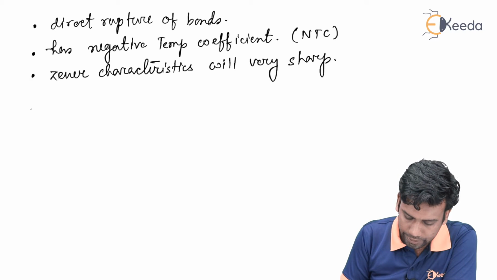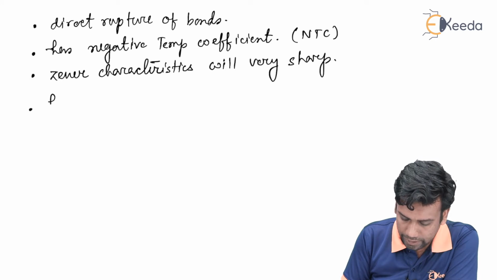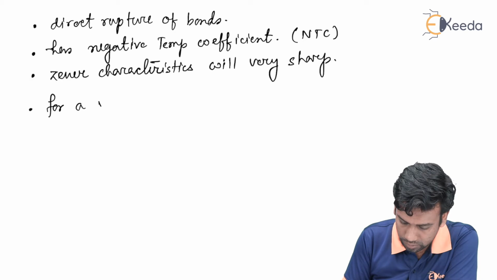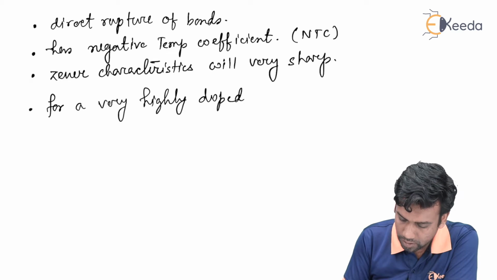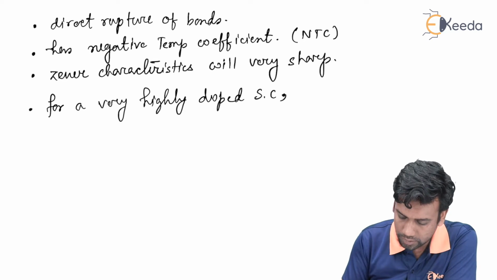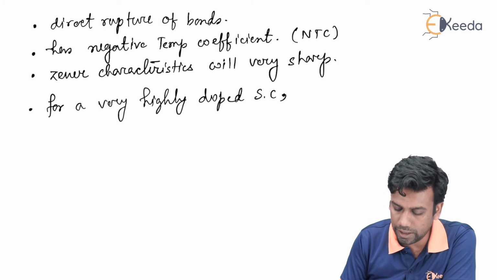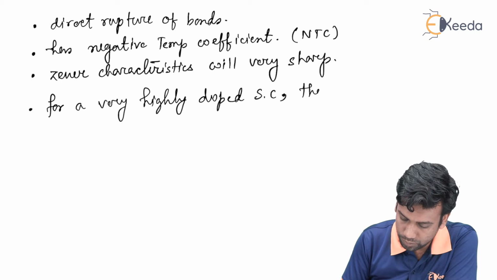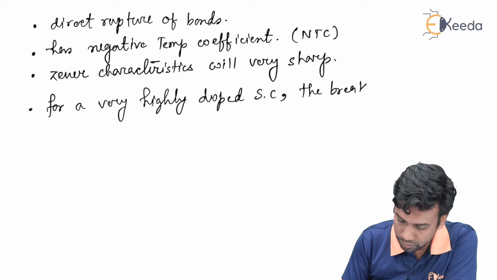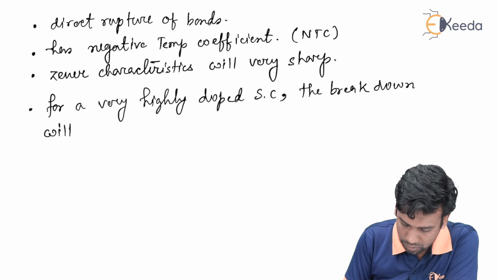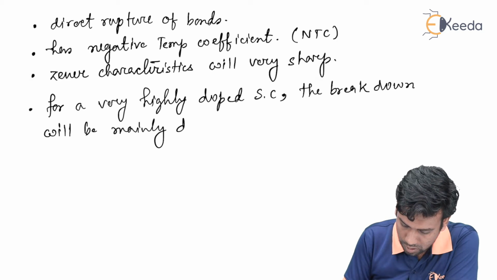The fourth point, for a very highly doped semiconductor junction, the breakdown will be mainly due to Zener breakdown.